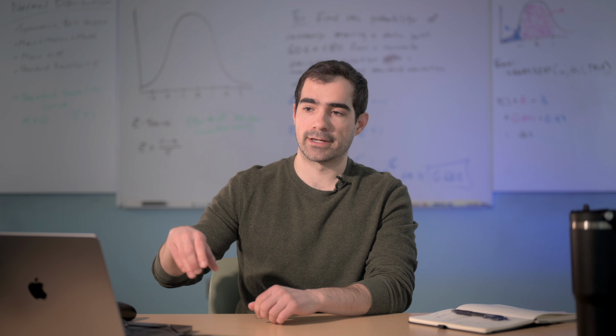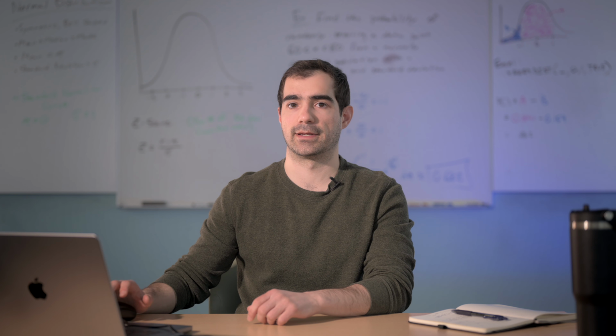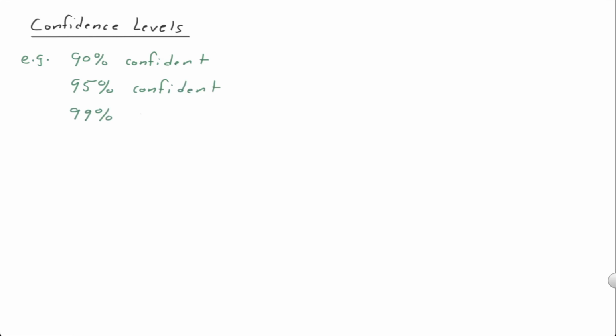Now, this is where what we call a confidence level can come in. We can make a decision about how confident we want to be in our interval. For example, we might say something like 90% confident, or 95% confident, or 99% confident. And all of these are valid choices depending on the situation. Different fields tend to adopt different standards.